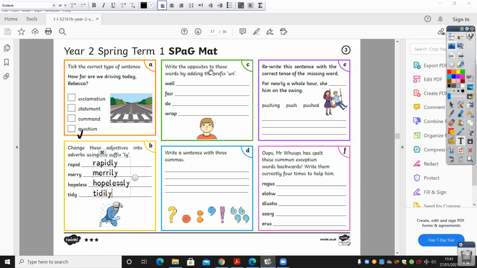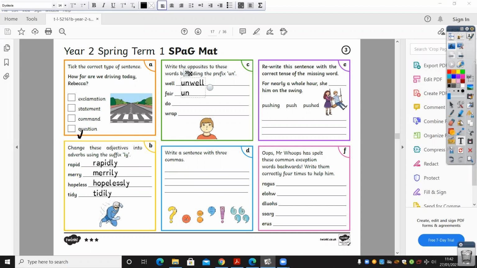Write the opposites to these words by adding the prefix un. Prefix means it goes at the beginning of the word. Let's see if it's going to let me type here. Yes, it will. So if it goes at the beginning of the word, that means I have to write the prefix first and then the word well. So instead of well, the opposite is unwell.